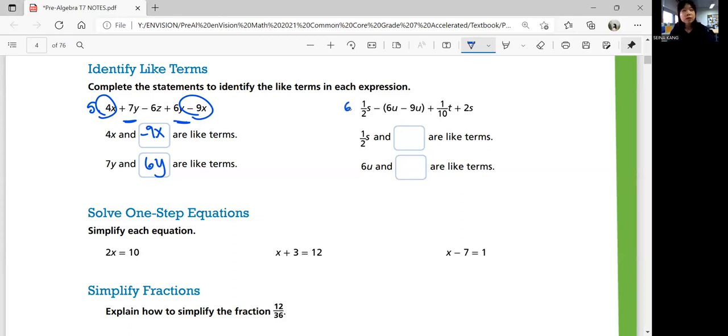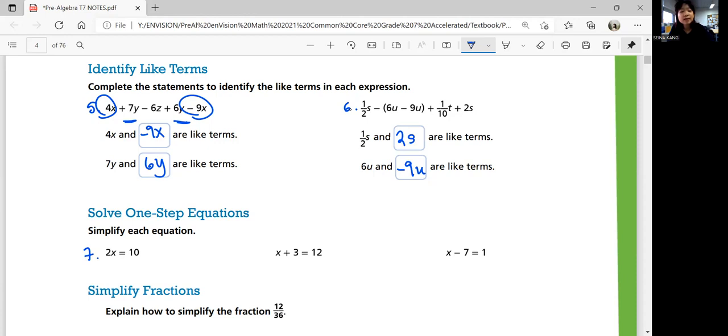Okay, number 6, 1/2s and blank are like terms. Where's another term that has s? 2s are like terms. Okay, 6u and blank are like terms. -9u, include the negative.